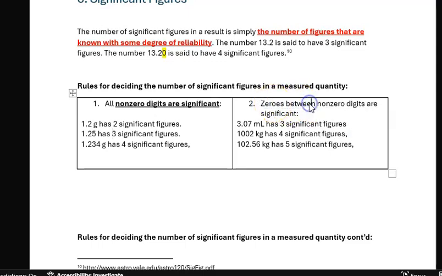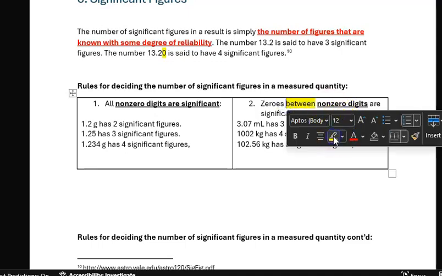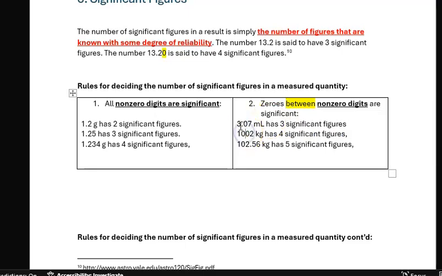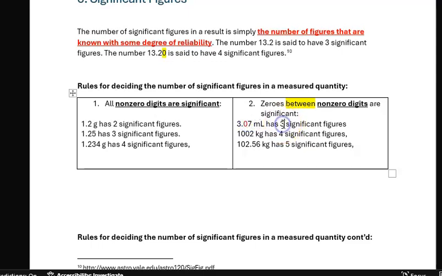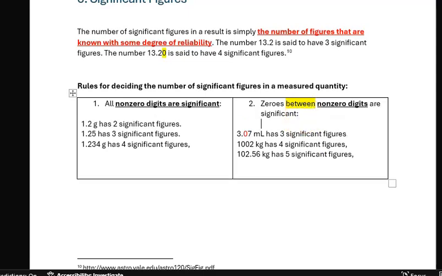Zeros between non-zero digits. That's the operative word, between. Let me highlight. So zeros that fall between non-zero digits, for example 3.07, there is a 0 between 2 non-zero digits. So therefore, the zero is significant, and this one has 3 significant figures.